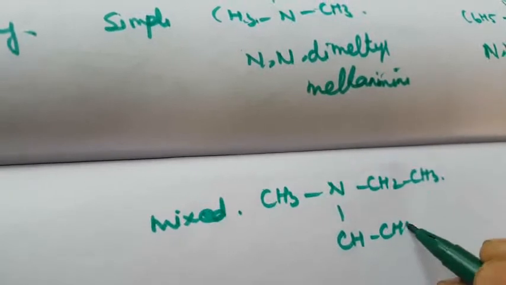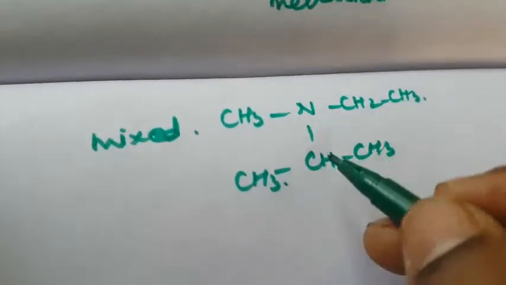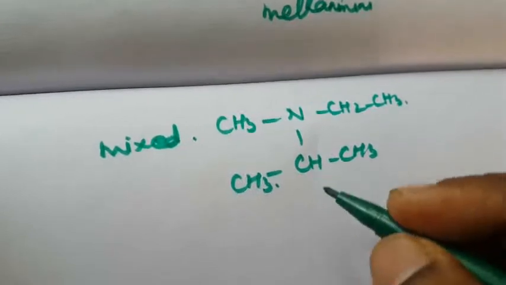What is meant by mixed? Both sides are different. So here that is CH3, N, CH2, CH3. Again N, CH, CH3, CH3. So how to name this compound? N-ethyl, N-methyl propane 2-amine.